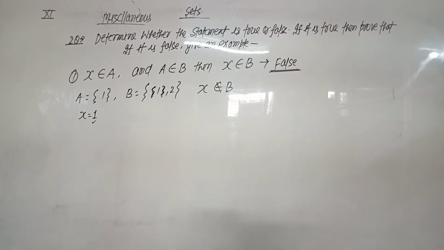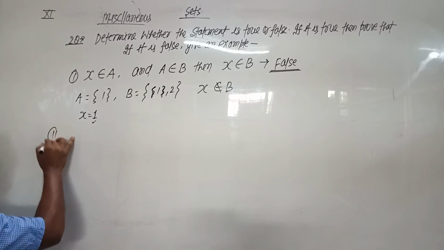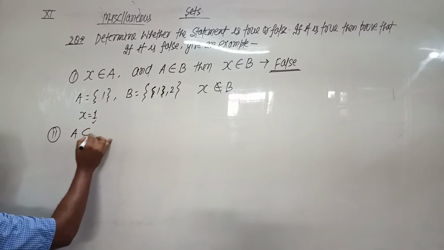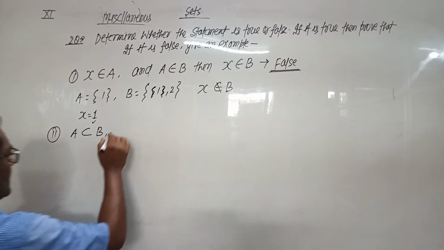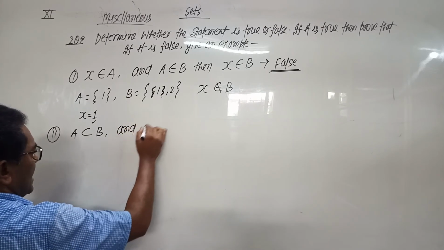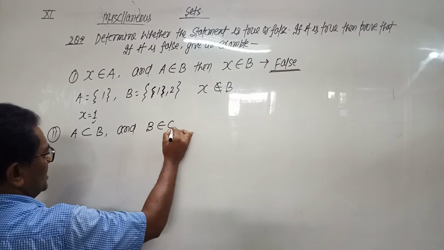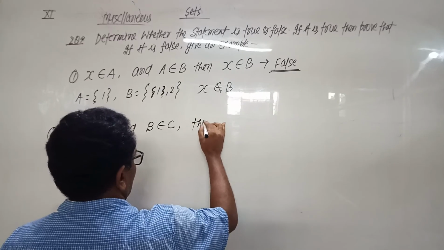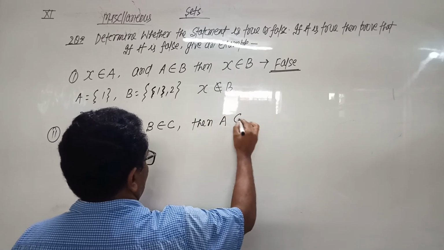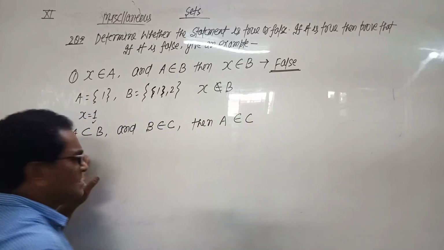Now the second statement. If A is a subset of B and B belongs to C, then A belongs to C. This is the statement.